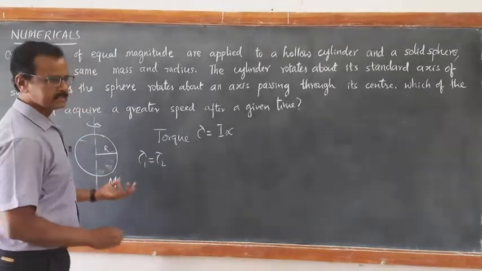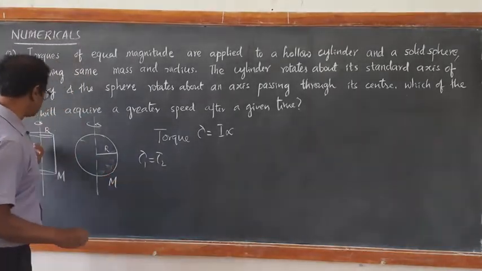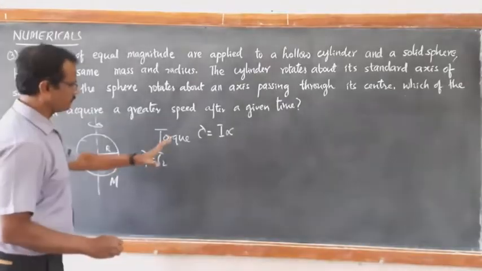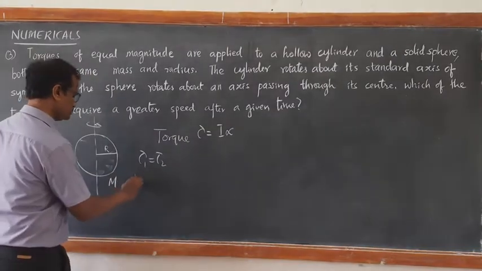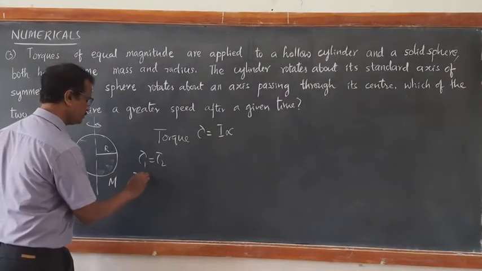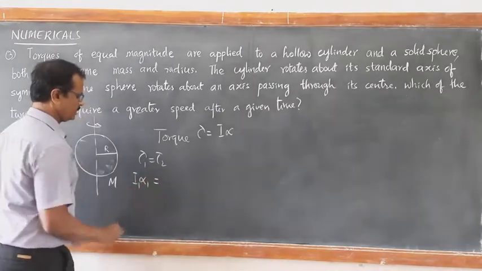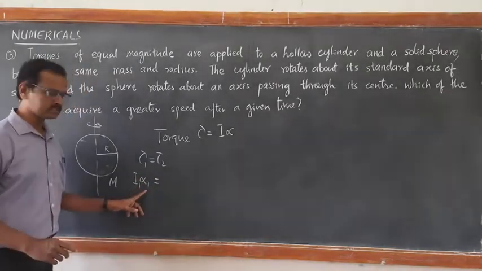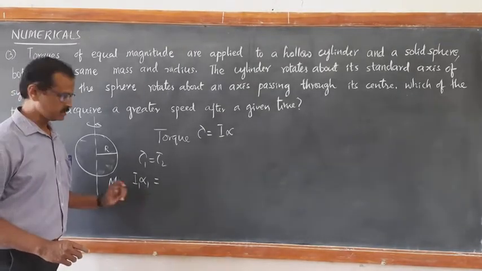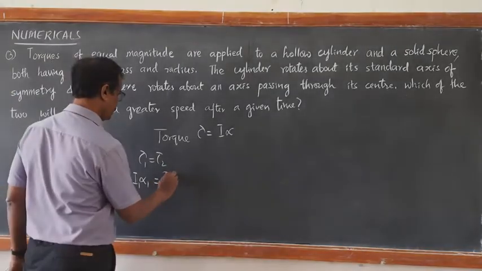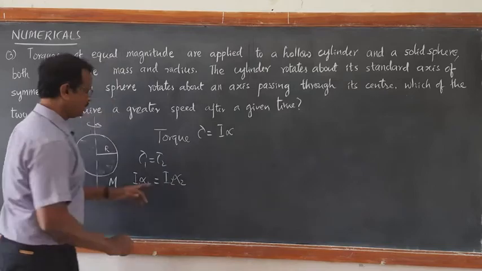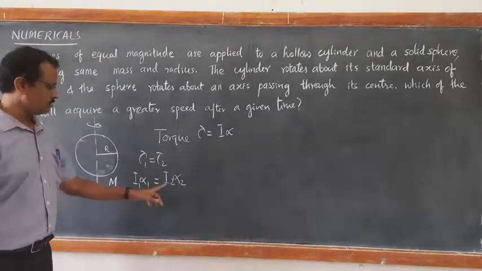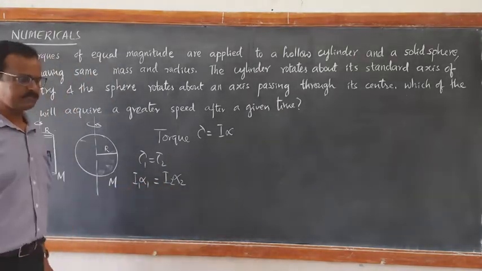Tau 1 is the torque acting on the hollow cylinder, so I can write I1 alpha 1, where I1 and alpha 1 correspond to the moment of inertia and angular acceleration of the hollow cylinder, and I2 and alpha 2 are the moment of inertia and angular acceleration of the sphere.